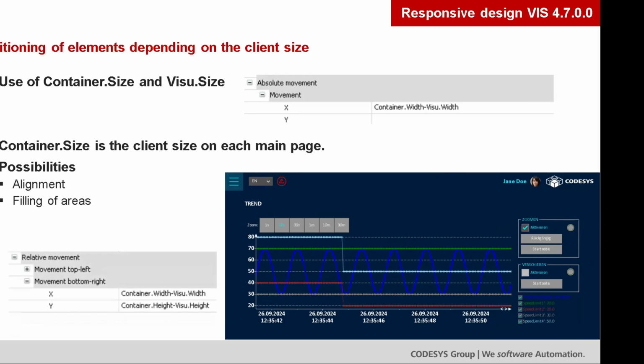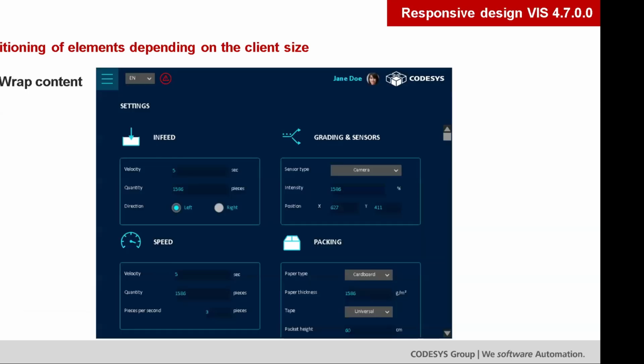Now we can see the configuration in the trend element. Here we can use the relative movement bottom right edge, also with the container and visu variables for width and height, so that the trend element fills the complete content. Another possibility is to wrap content.